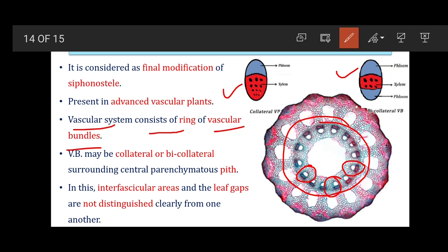In the collateral, xylem faces the inner side and phloem on its outer side is towards the peripheral position. While in case of bicollateral, the phloem surrounds the xylem on both the sides and xylem is present in the center part. So it is bicollateral. Here the interfascicular areas and the leaf gaps are not distinguished clearly from one another.